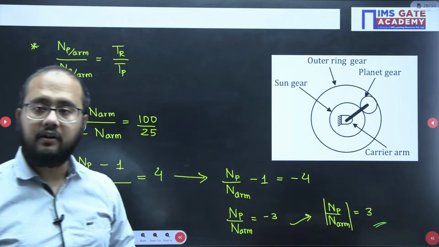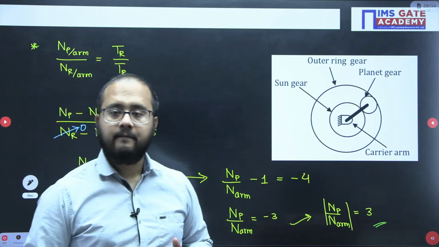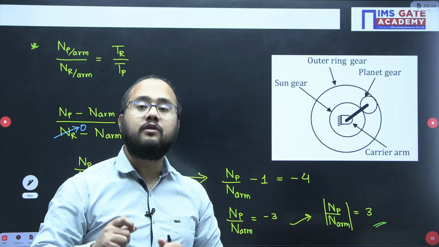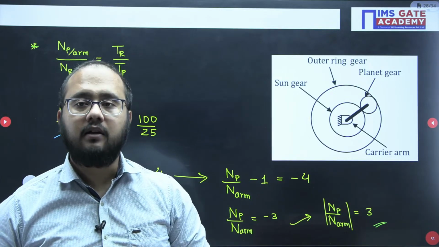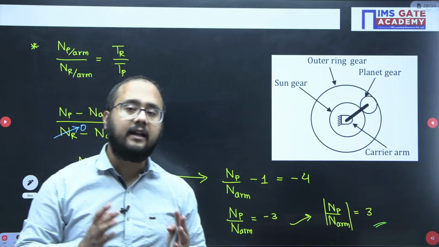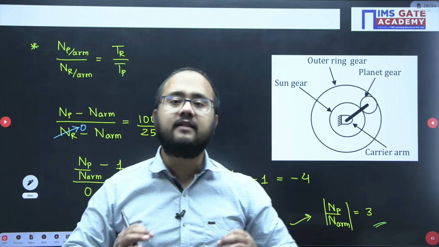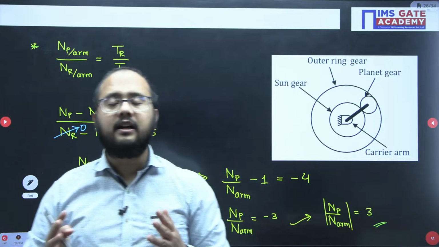Is it clear, everyone? See how quickly we have solved this question. Please understand that epicyclic gear train questions are very easy. You can score full marks in this gear chapter. You just need to understand the process, the approach that we are taking in these classes. I hope everyone has understood the topic of gear train, which is very important in your GATE examination.